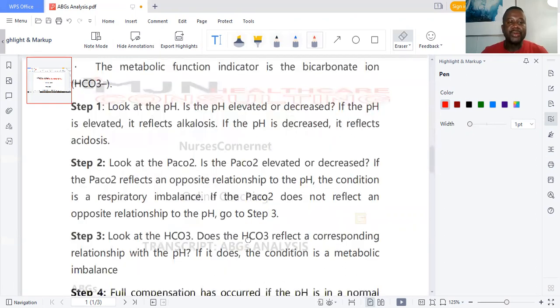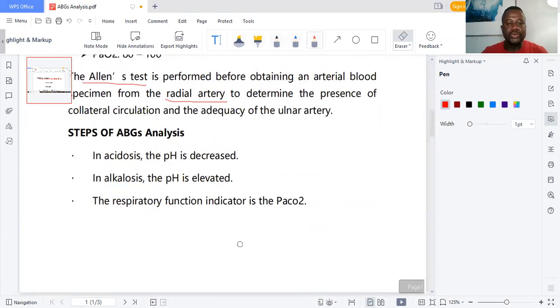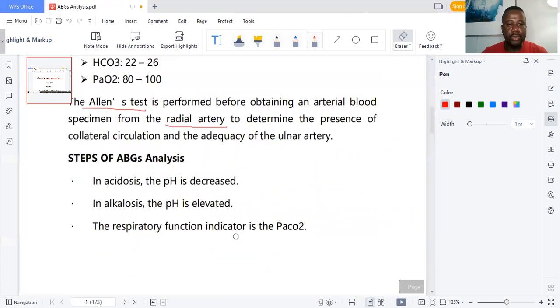Now, we know that we are dealing with two important indicators, the respiratory and metabolic, okay? So the respiratory function indicator is carbon dioxide. So when you have a question where the answer is a respiratory condition, your focus should be on carbon dioxide.